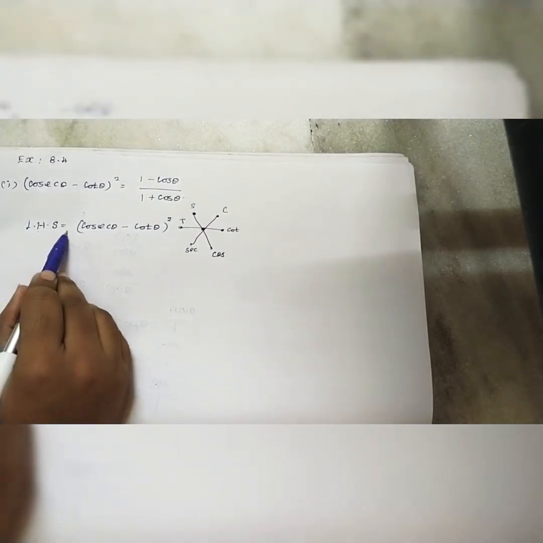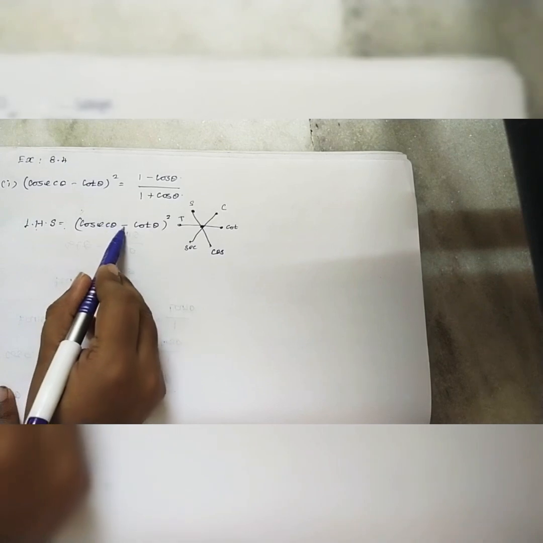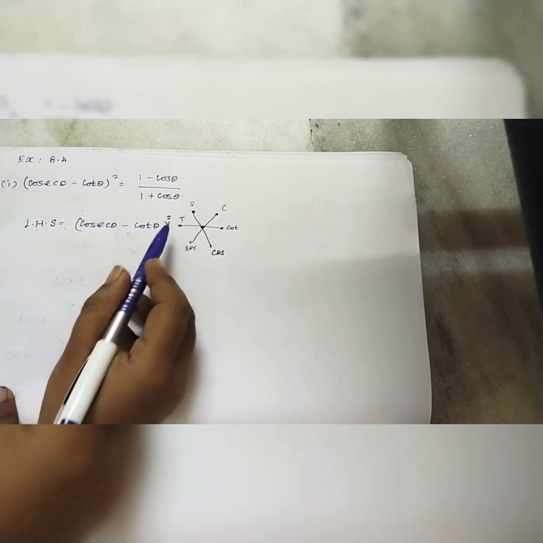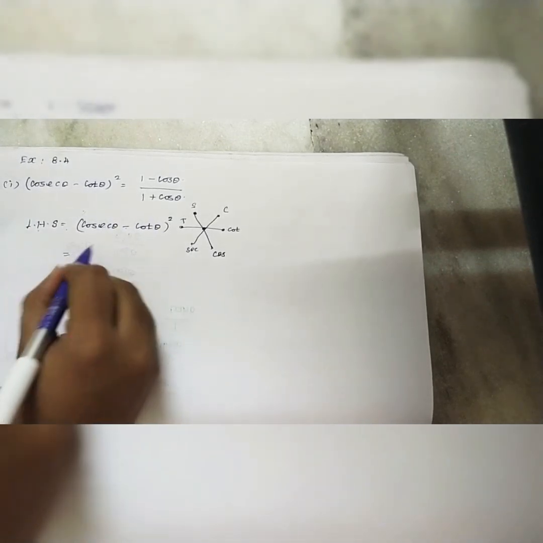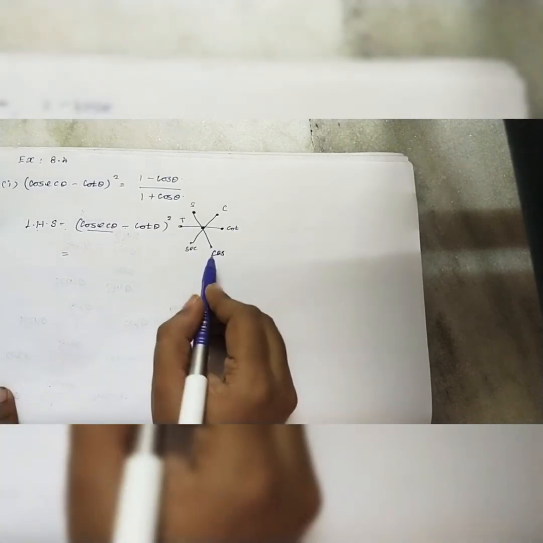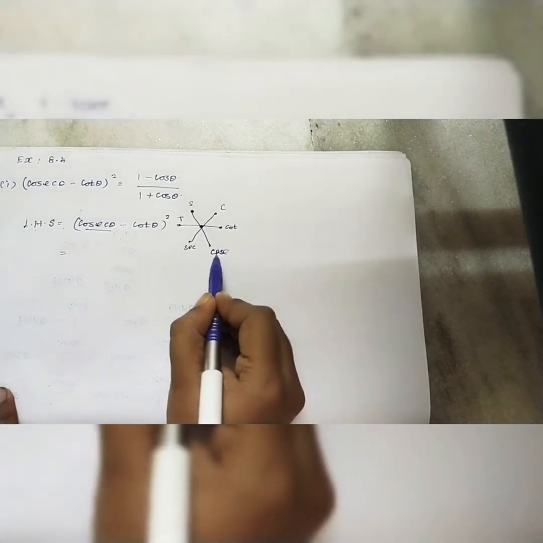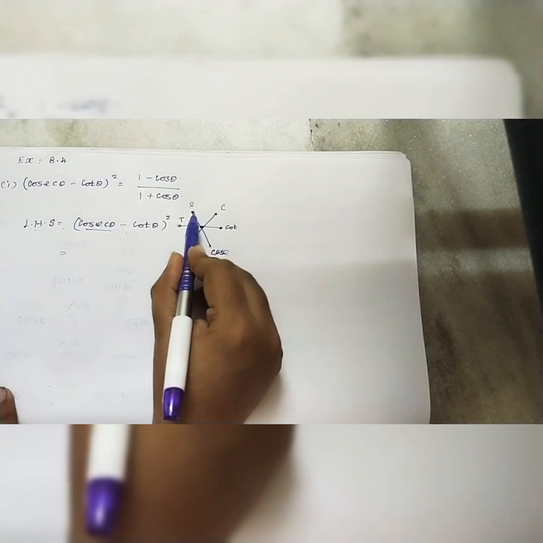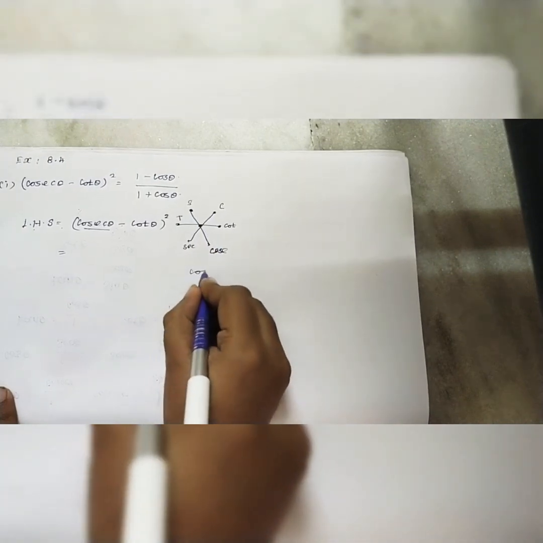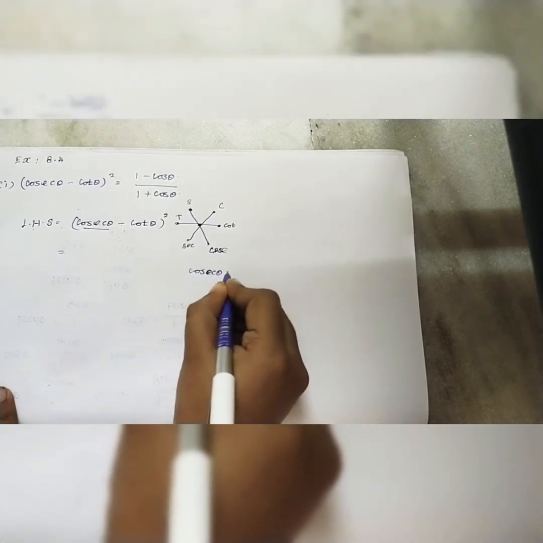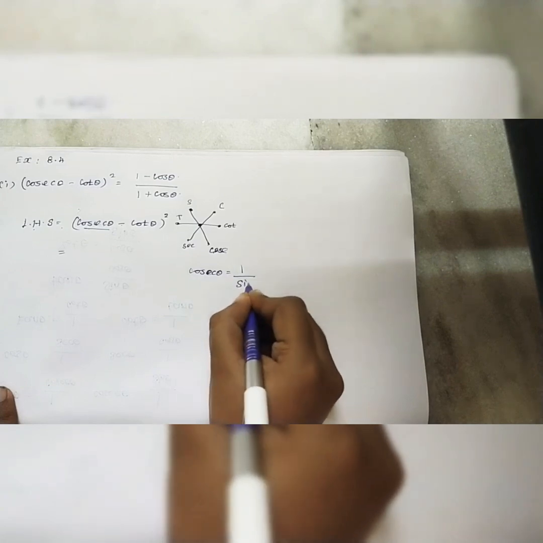So the left hand side equals (cosecant theta minus cot theta) whole square. What is the reciprocal of cosecant theta? The reciprocal of cosecant theta is sin theta. Already we know cosecant theta can be written as 1 divided by sin theta.